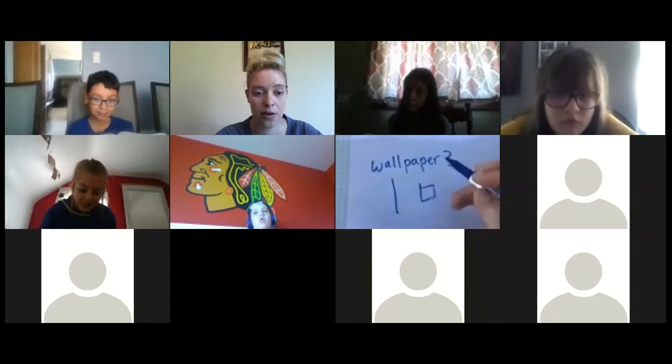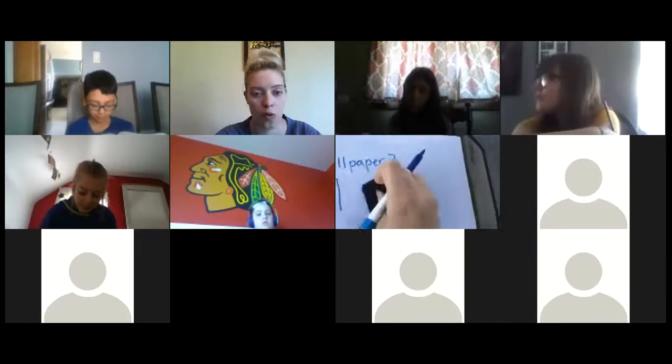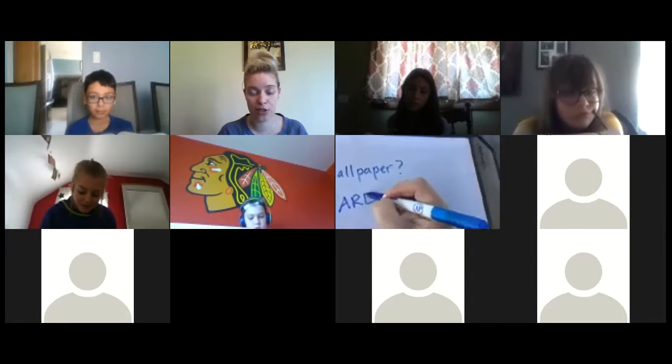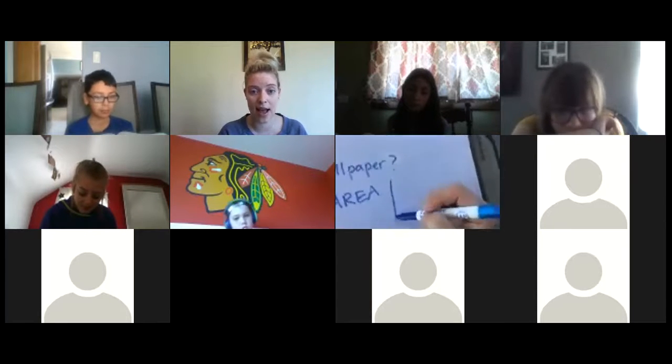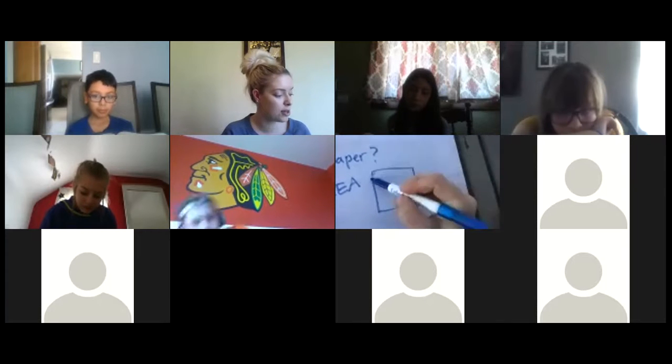Area. Area, okay? Because I need to know the length and the width. Wallpaper is 2-dimensional. It has a length and it has a width. So that one's just going to be area. So for 6, you're going to put area.